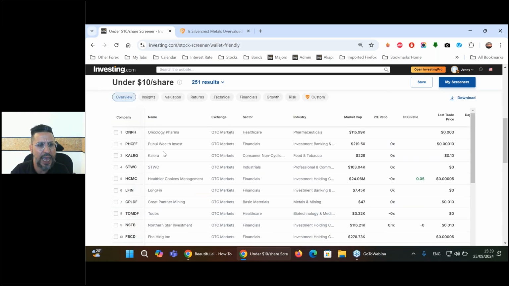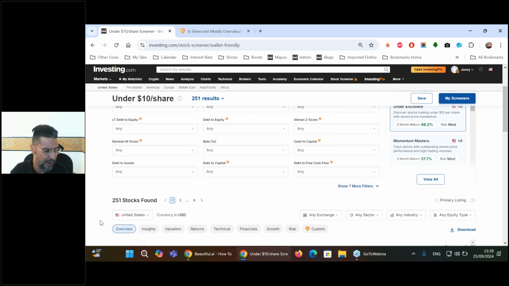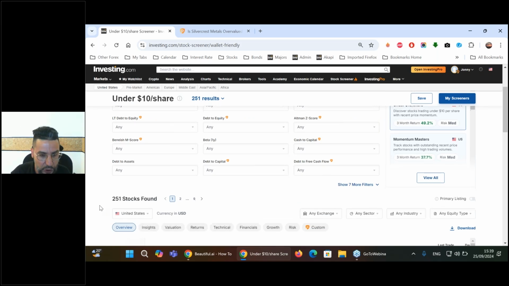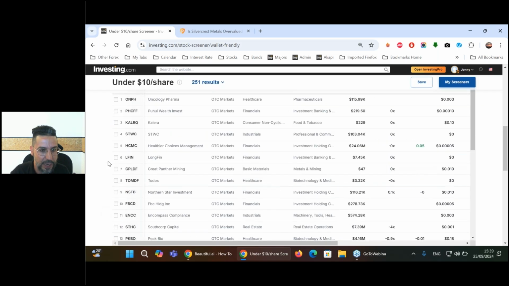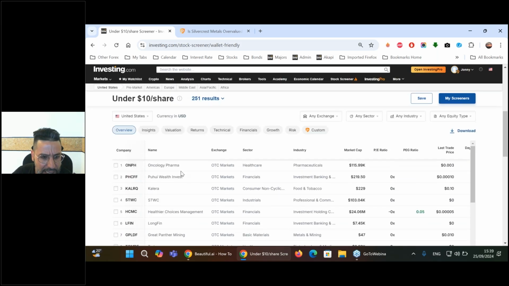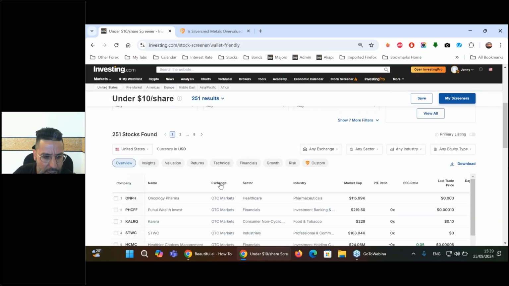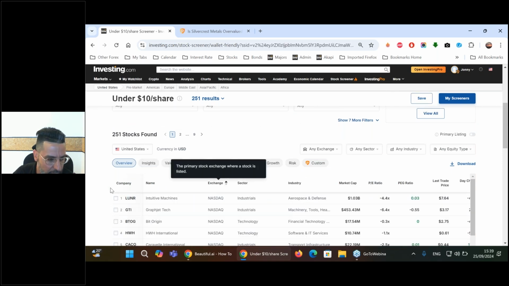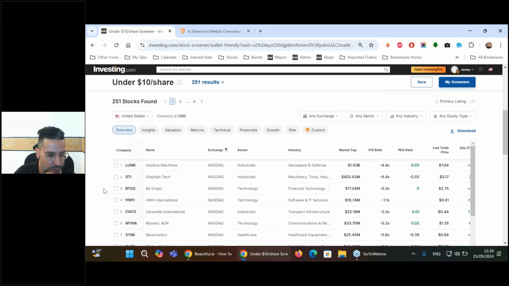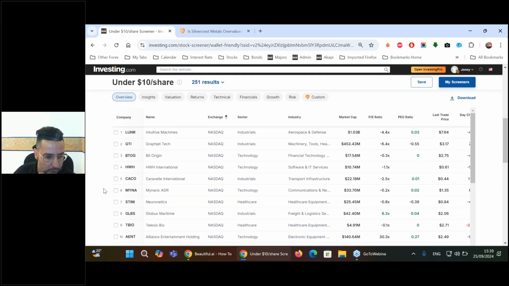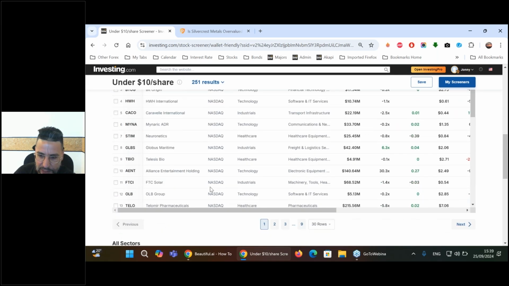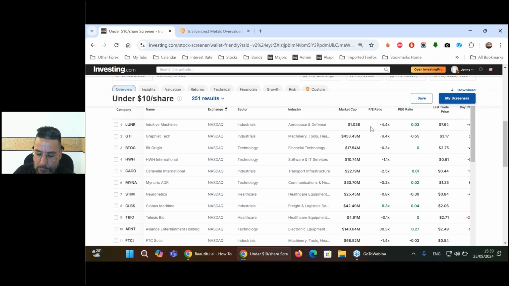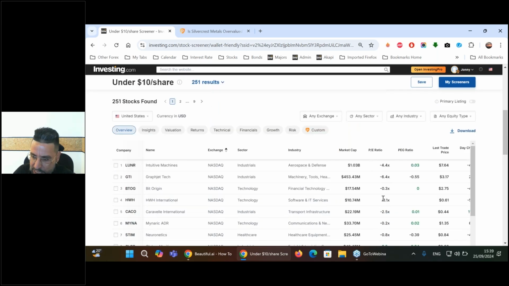Taking a look at 251 results, narrowed down from the over 9,000 names initially. Right now I see a lot of names are traded on OTC markets, so I just want to see names that are listed, for example, on the NASDAQ. Like right here, we'll see some of these companies with the breakdown by market cap and PE ratio.